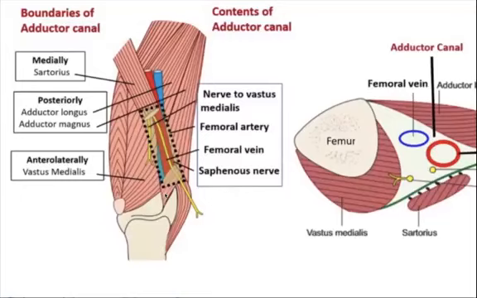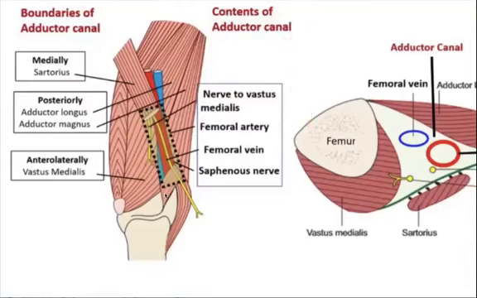If you make a line from the anterior superior iliac spine to the adductor tubercle, and put a marking over a part of that line, this will be your area for the adductor hiatus.